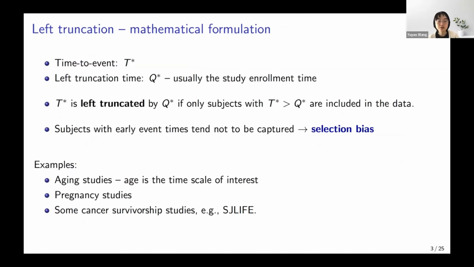And because of this source of selection, subjects with early event times tend not to be captured, leading to selection bias. Besides aging studies, which usually involve the selection due to delayed entry, left truncation is also commonly present for pregnancy studies and also some cancer survivorship studies when there is delayed entry.